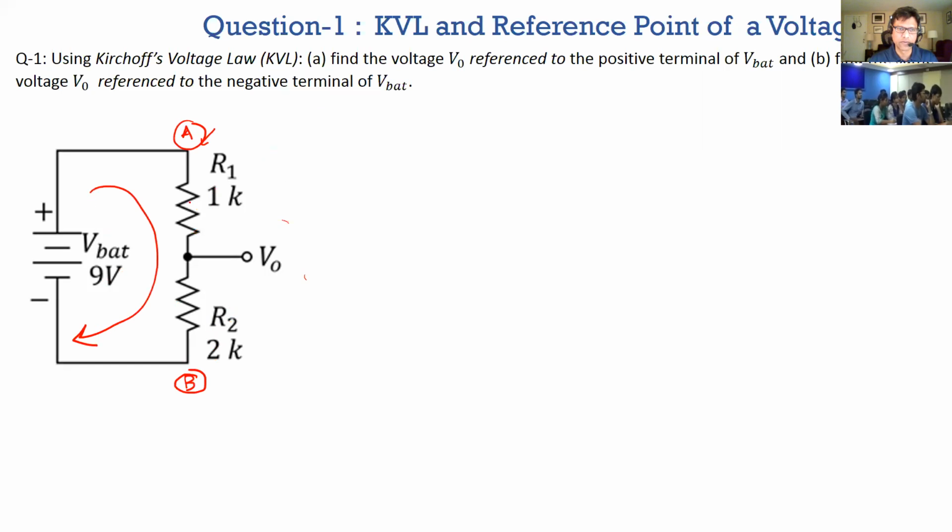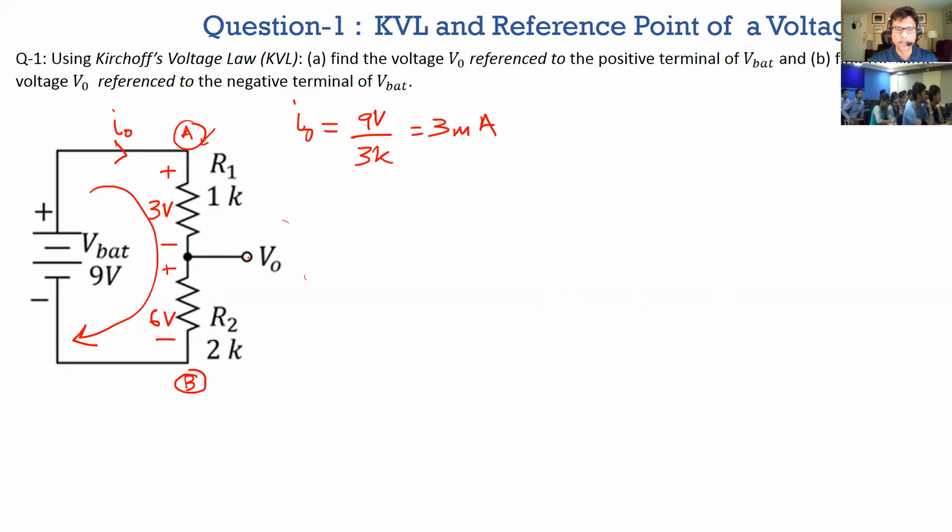You have 9 volts across the 3 kilo ohms of resistance. Let's say this is some I naught flowing here, and then I naught is 9 volts over this total resistance, 1K plus 2K, so that's 3 milliamp. So you can find the voltage across these resistors: 3 milliamps times 1K would be 3 volts here, and then 3 milliamps times 2K would be 6 volts here.